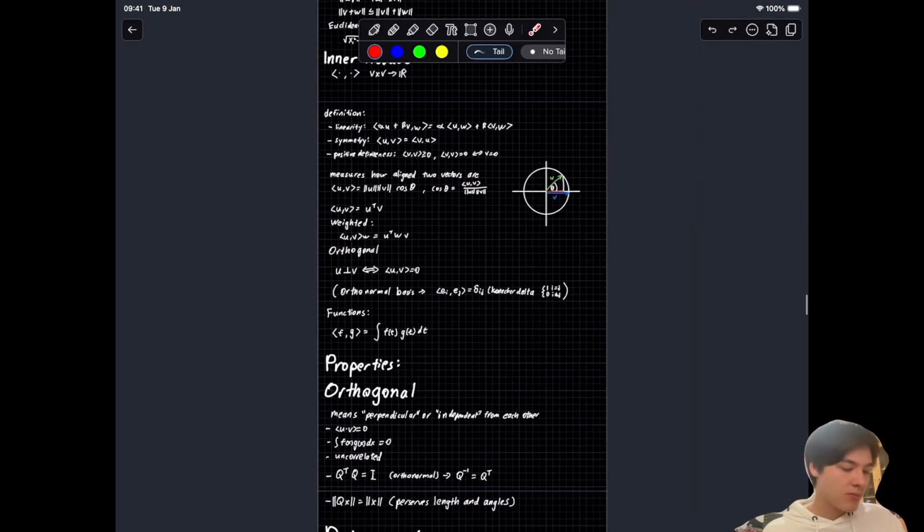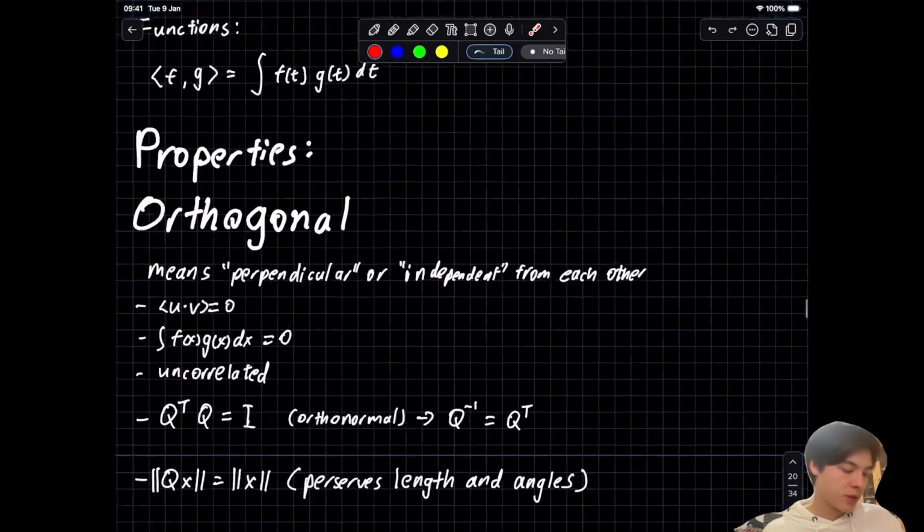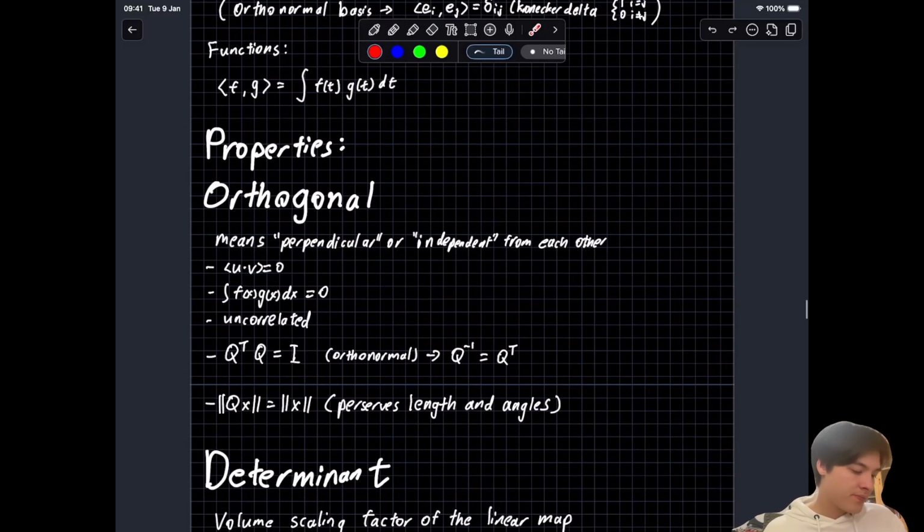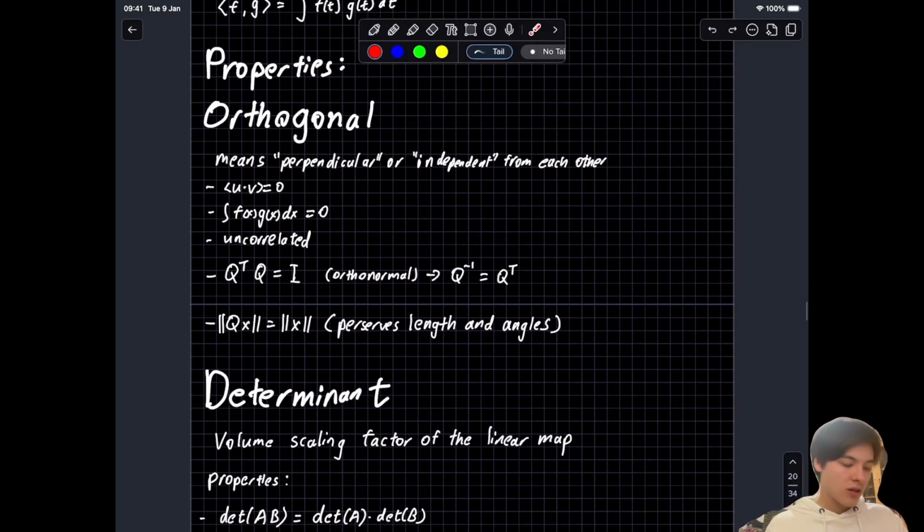Now, let's move to some properties of matrices. We have orthogonal. That means it's perpendicular or independent from each other. So that means the dot product equals 0, or for functions the integral is equal to 0, meaning they're uncorrelated, and that means Q transpose Q equals I. When that is true, it's orthonormal: orthogonal, and it doesn't scale.